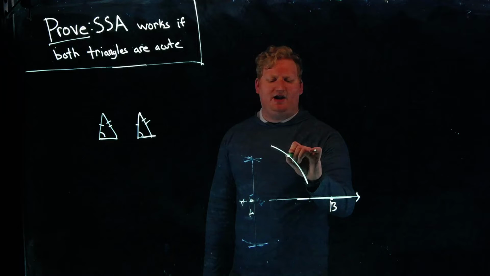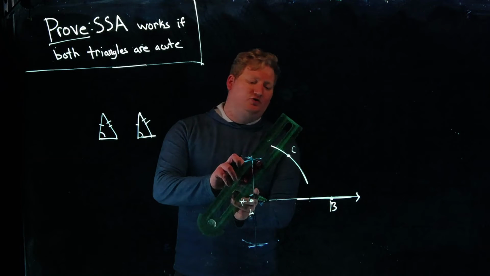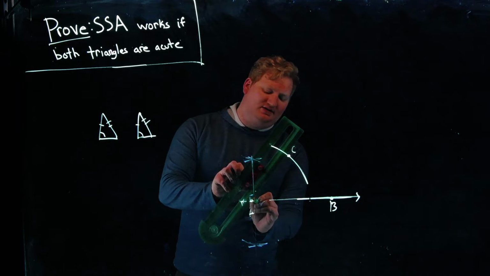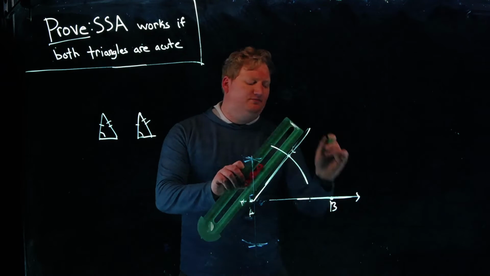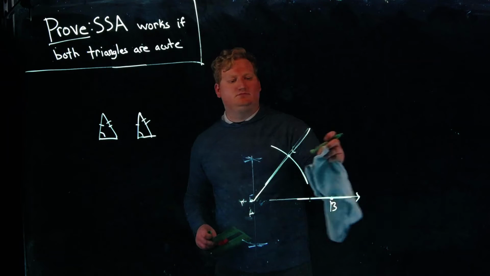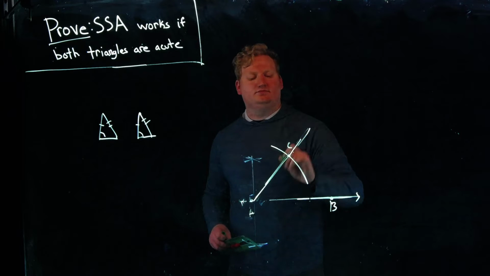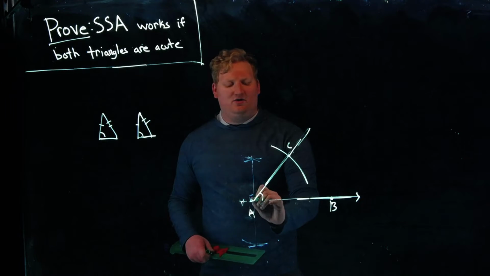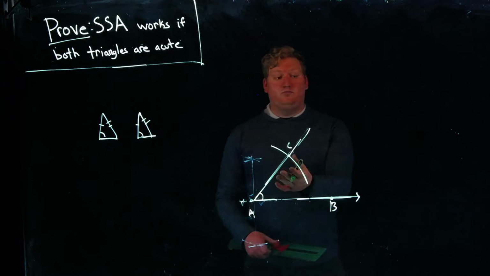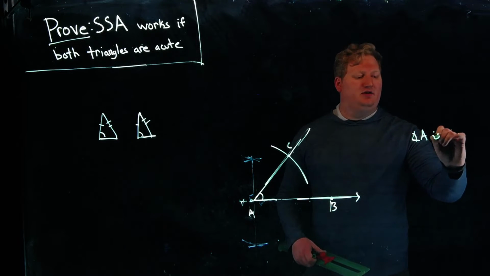I'm going to pick this one right out here, and we can call this one C. Now we'll draw a straight line from A to C, and actually I'll draw it through it, and I'll rewrite C over to the side. And there we go. We have angle A constructed, and we have confirmed that it is acute. So angle A is acute.